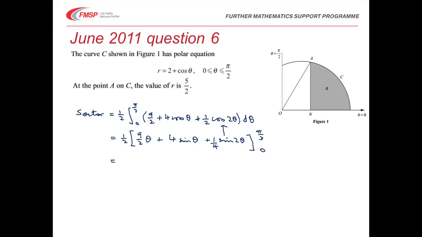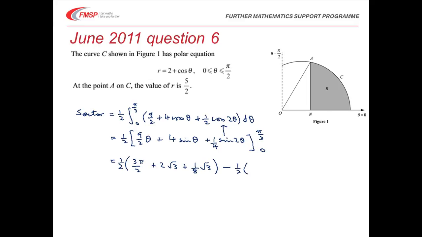So substituting the top limit in first. When theta is pi by 3, we're going to get 3 pi by 2 plus 4 sine pi by 3, which will be 2 root 3. And a quarter sine 2 theta is going to be an eighth of root 3. That's the top limit going in, minus the bottom limit going in.